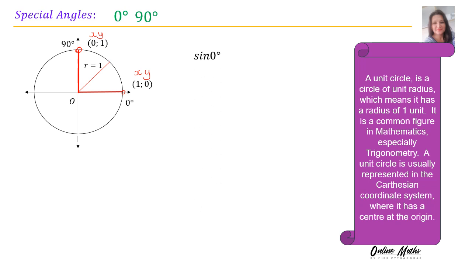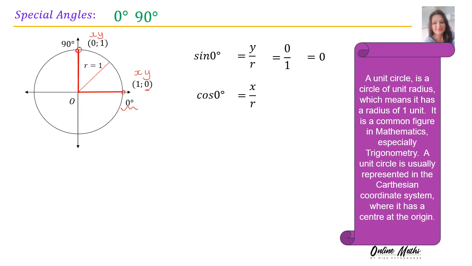Sin 0. So we go to 0. Sin's ratio is y over r. Your y at 0 is 0 and your r is 1. Therefore, sin 0 is 0 over 1, which is 0. Cos 0. Cos's ratio is x over r.